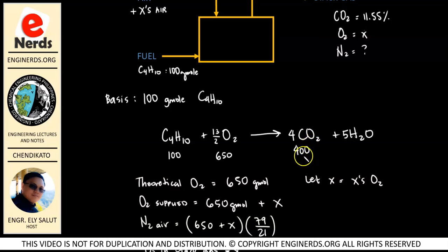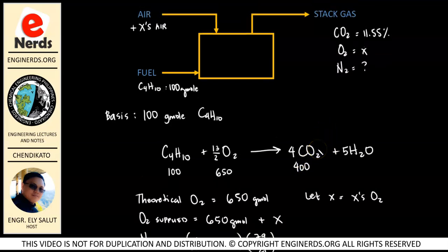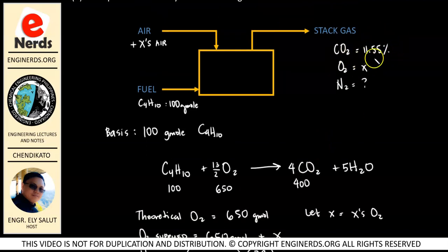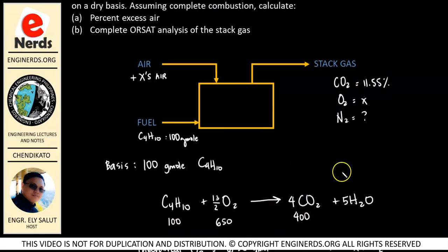So, if we have 400 gram moles of carbon dioxide, which is produced na nandito sa ating stock gas, that means 11.55% of the stock gas is equal to the 400 gram mole of CO2 in here, no?